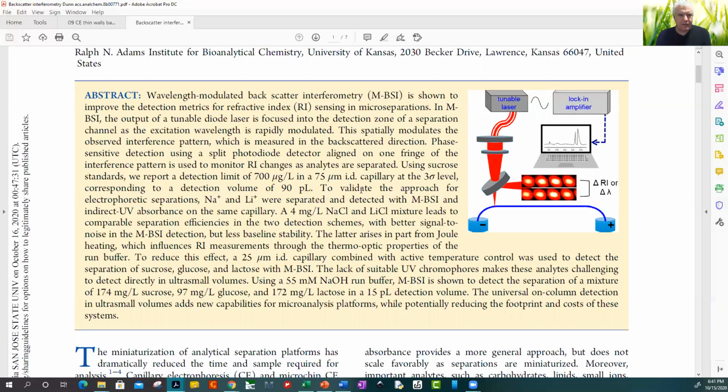Yeah, which then goes through the beam splitter, and there's a part of the beam that dumps out there, but there's a part that goes through and reflects off the two sides of the capillary, and then it goes over here, and that hits a detector.